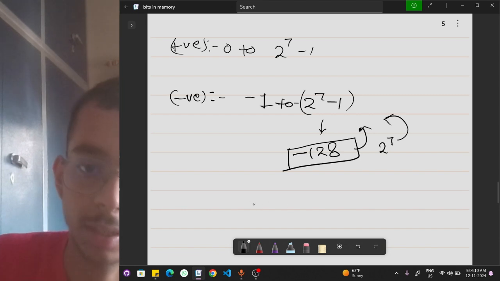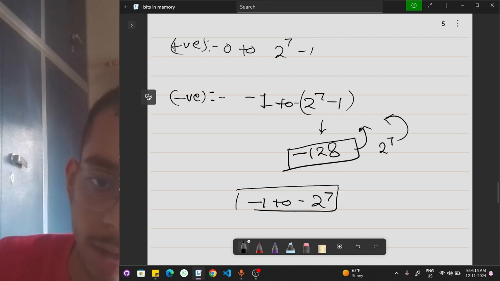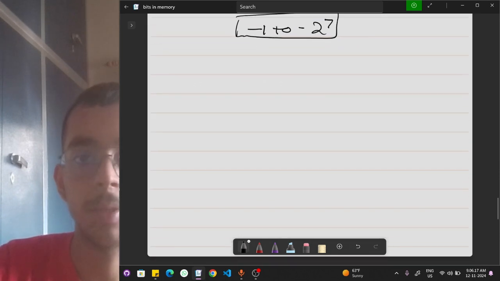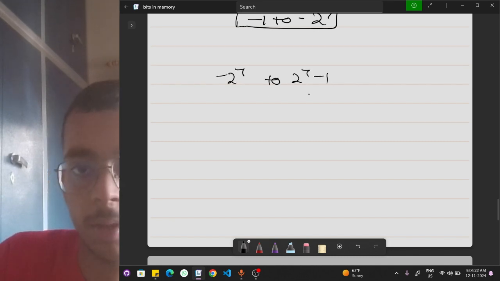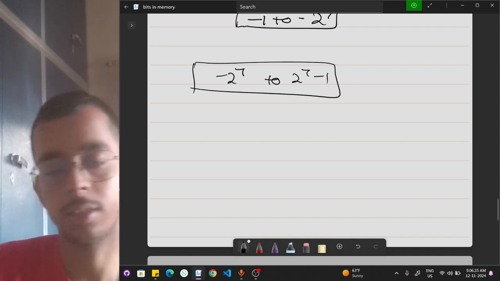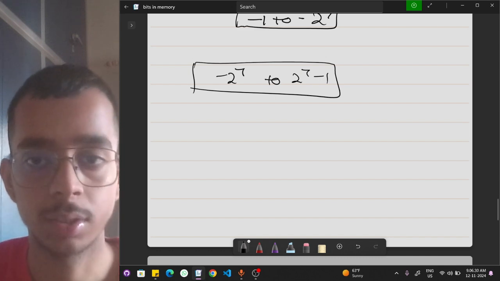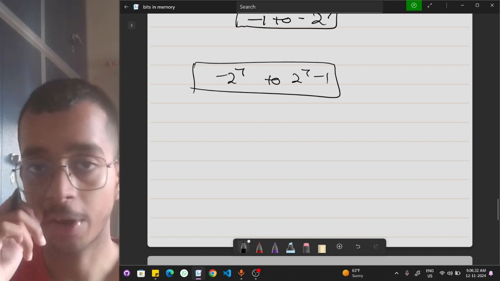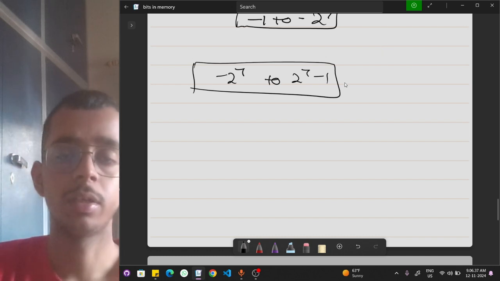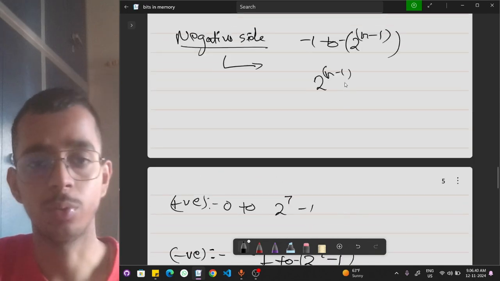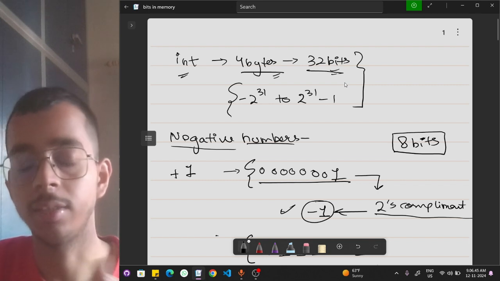That means the range is from minus 1 to minus 2 to the power 7. That's why the complete range is from minus 2 to the power 7 to 2 to the power 7 minus 1. And this is generalized to all the data types: long, int, double, float, whatever you want. So this is the complete reason why the ranges are like this.